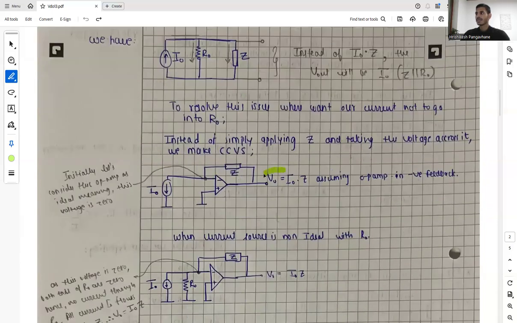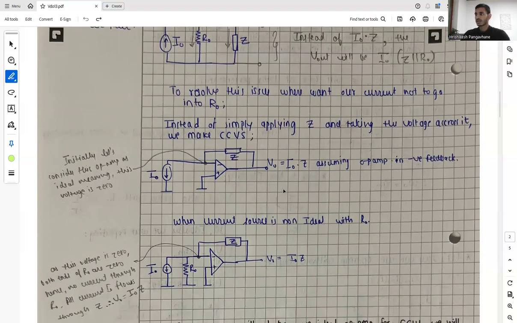So basically we will get V naught equals I times Z, assuming that the op-amp is in negative feedback. How will it happen? Initially, let's consider this op-amp as ideal, meaning that this voltage is zero. When this voltage is zero, all of the current flows through Z, and that's why we get V naught equals I naught times Z.